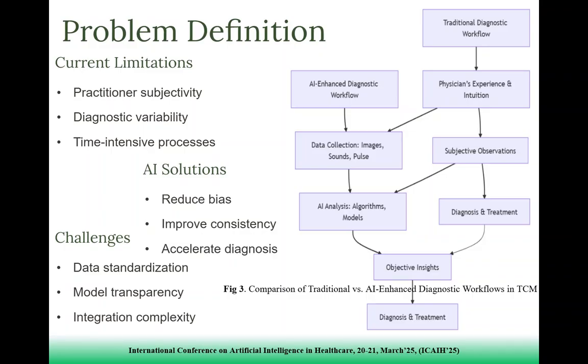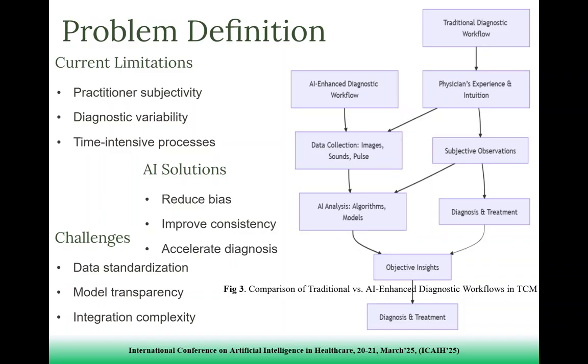AI-enhanced diagnostic workflows collect images and sound and pass them through the machine. Of course, it's a supplement for the practitioner. And later on, with the modules, AI can support the practitioner in analysis and give out the algorithm and the modules.